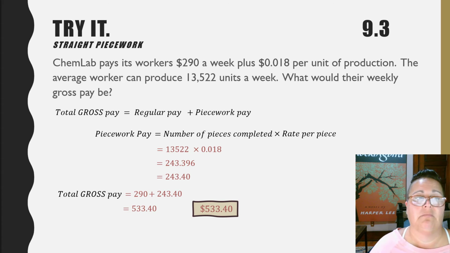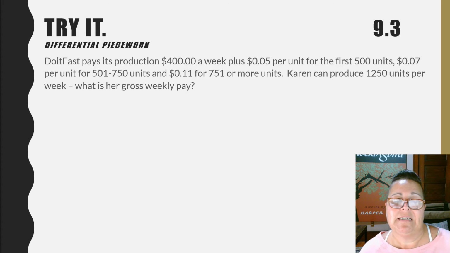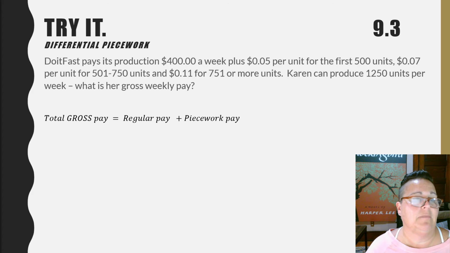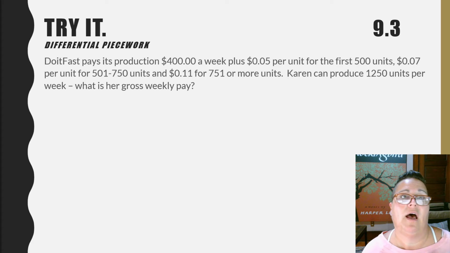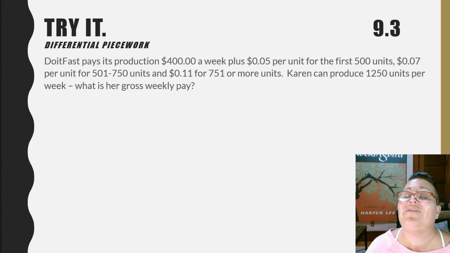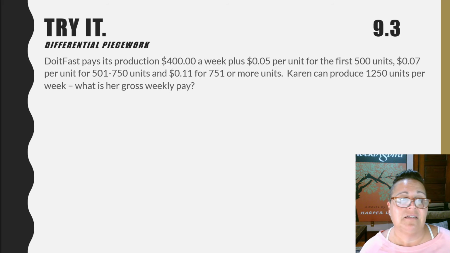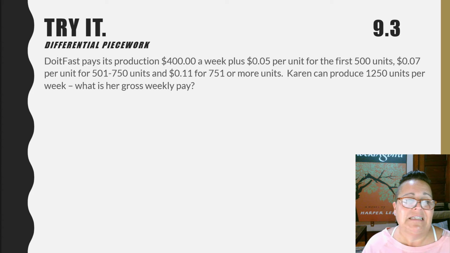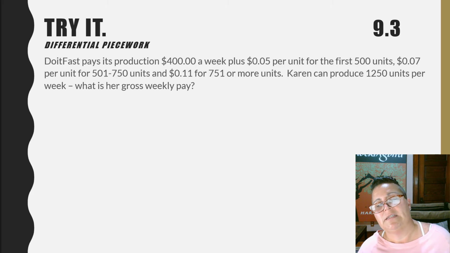All right. The second type of piecework is known as differential. Here we have an example of differential piecework. I've named the production company Do It Fast. Do It Fast pays its production workers $400 a week, plus 5 cents a unit for the first 500 units they produce, 7 cents for the 501st to 750th units, and 11 cents each for 751 or more units.